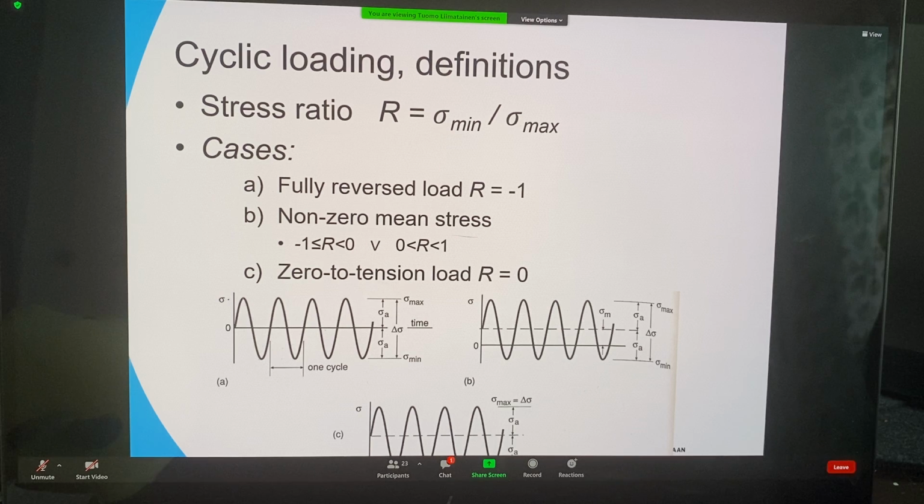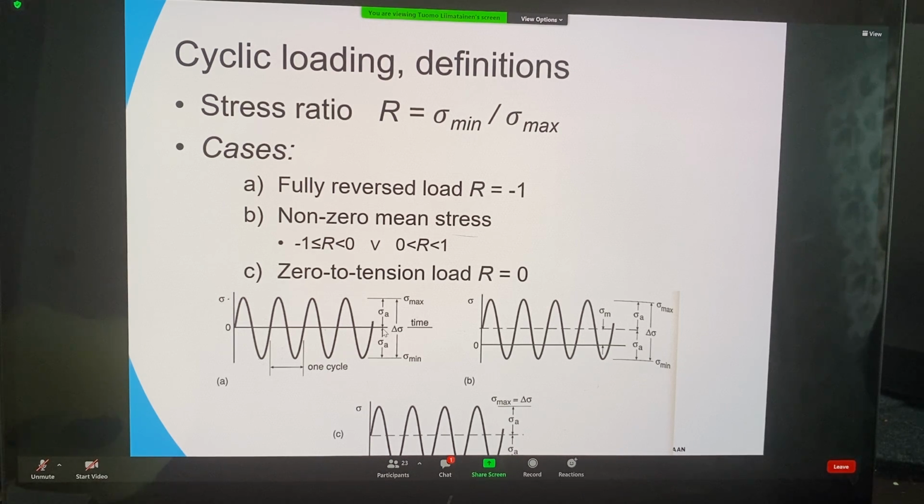And there are three main cases which can be distinguished from each other. First one is this A, which is fully reversed loading. And that would mean that minimum stress is somewhere here below, so it's compression, and maximum stress is in the tension, and the mean stress is exactly at zero, meaning that there's equal compression and equal tension in the variation.